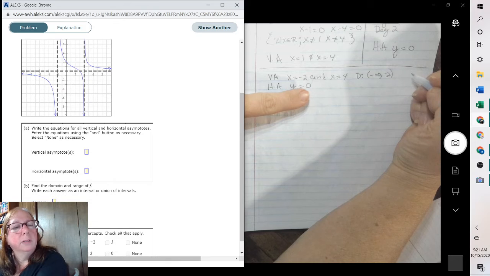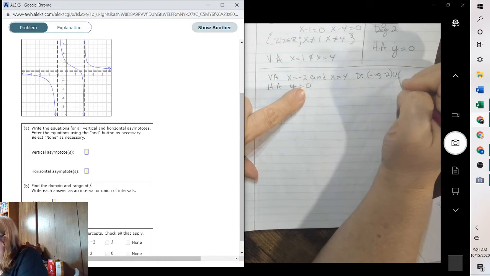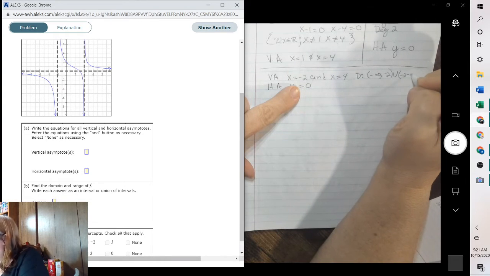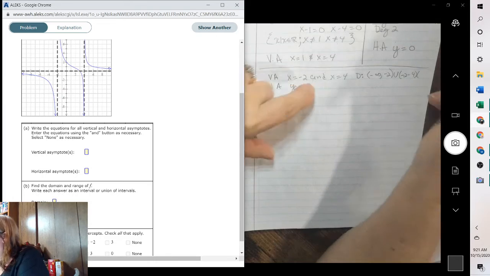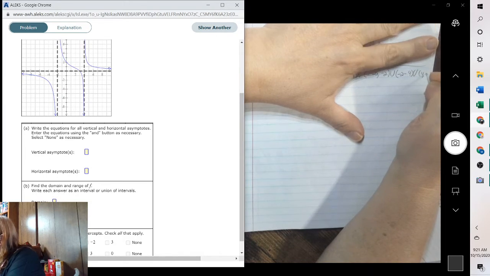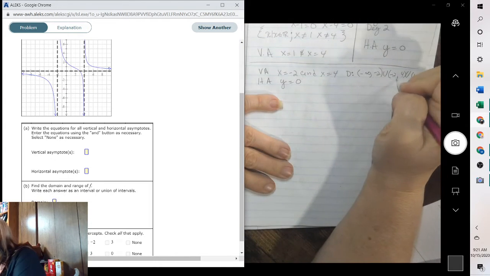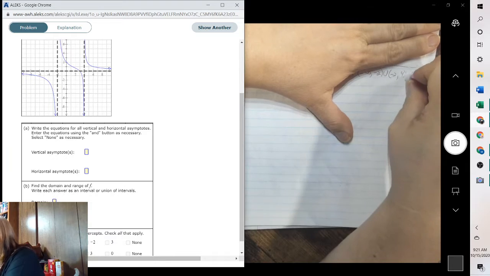Write the answer as an interval or union of intervals, so they probably want U for union. -2 to 4 union 4 to infinity.